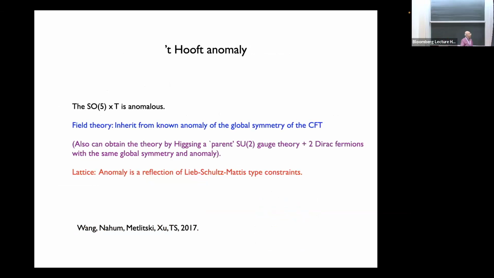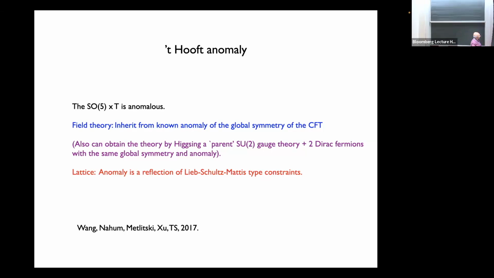Okay, now this SO5 cross time reversal, it turns out, has an anomaly. And you can derive this in many ways. You can derive it from the field theory. The CFT itself, the global symmetry is known to be anomalous. And when you add this relevant perturbation, you decrease the symmetry to this subgroup, and that subgroup inherits a part of the anomaly.